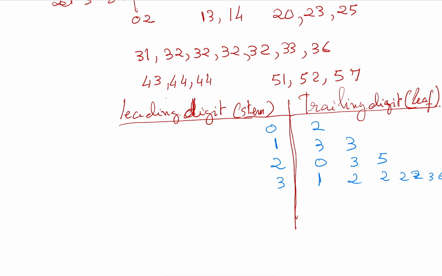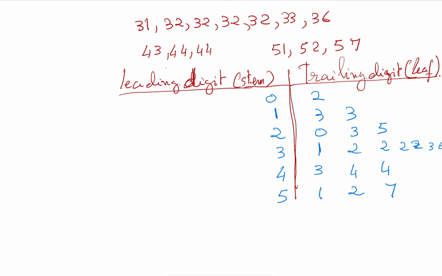The next one is 4. The stem is 4, and the leaves are 3, 4, and 4. And the last one, the stem is 5, and the leaves are 1, 2, and 7. And that's it.